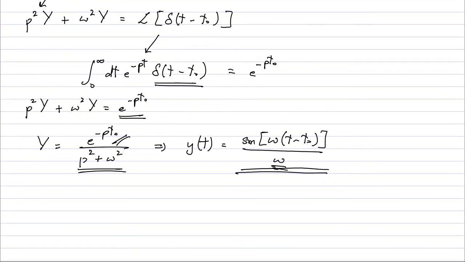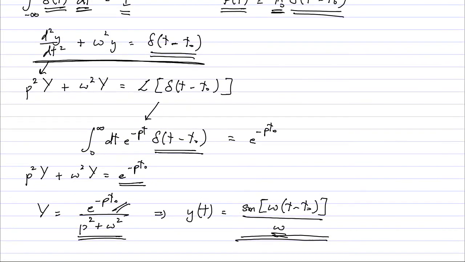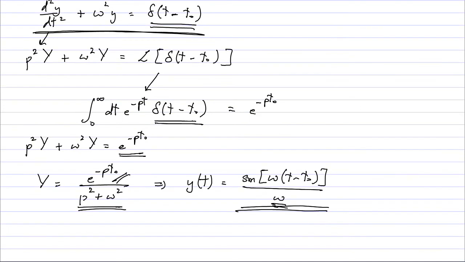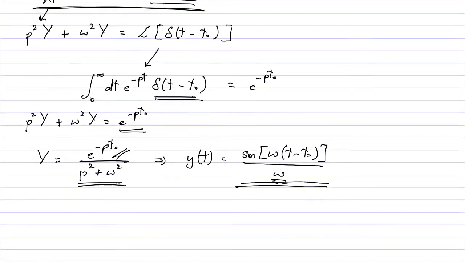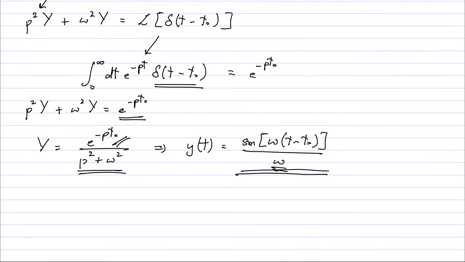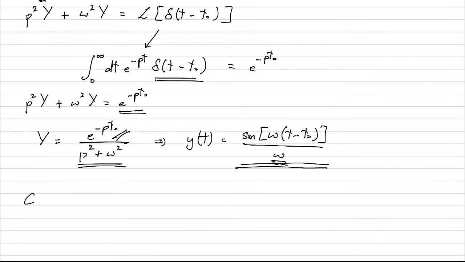Now a solution to your linear differential equation with the so-called driving term or the source term on the right hand side being equal to a Dirac delta function is called the Green function. Green function means that you have a linear differential equation, so you have L acting on y.